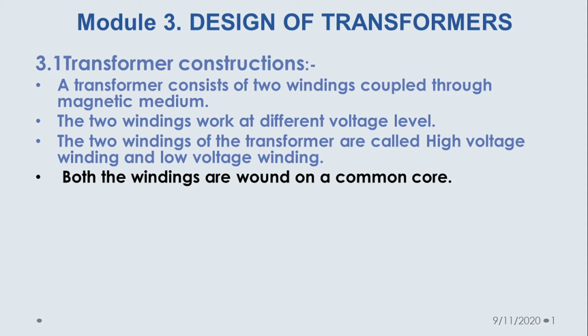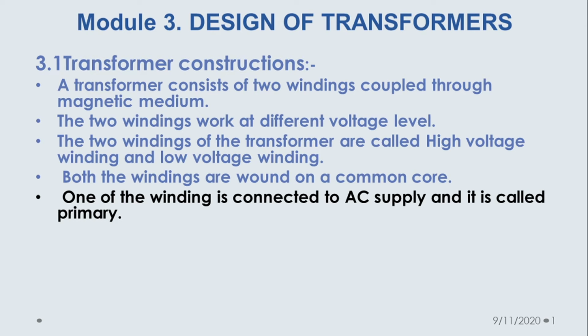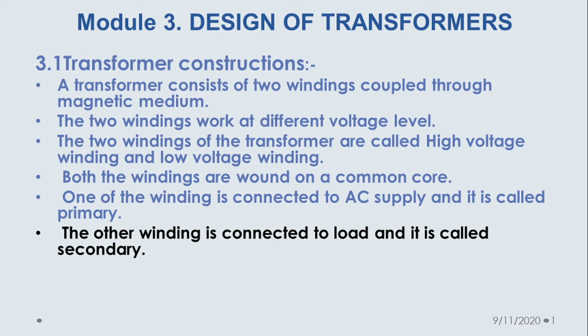One winding is connected to the AC supply, and it is called the primary winding. The other winding is connected to the load and it is called the secondary winding.